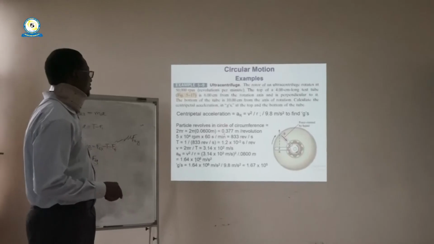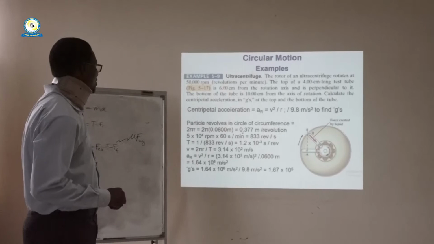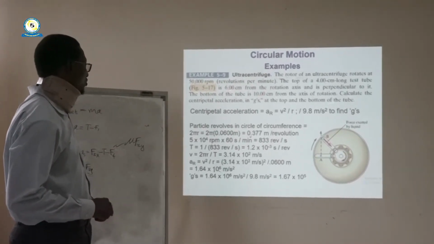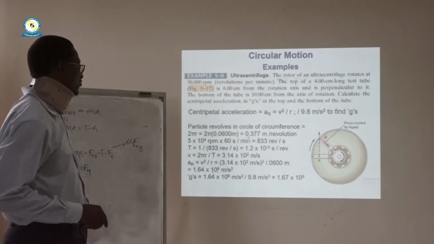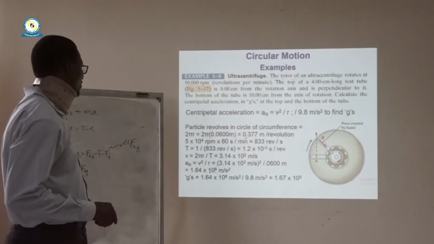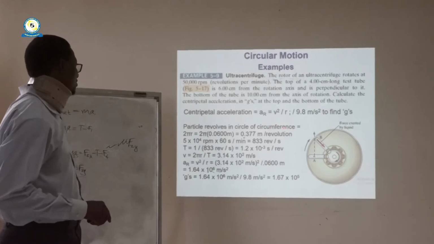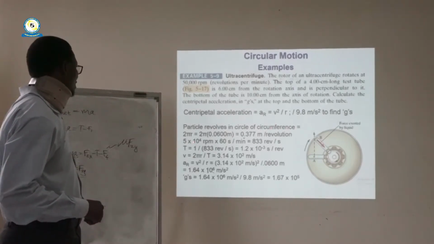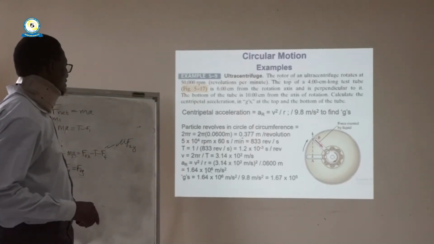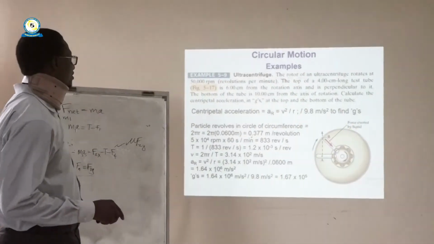So you first find the circumference of the circle using the first case, because there are 2 cases. Bottom, this one, and this is top, from here to there, and from bottom to there. Also, you will find it. We have a particle revolving in a circle of this circumference, and the period is given here.